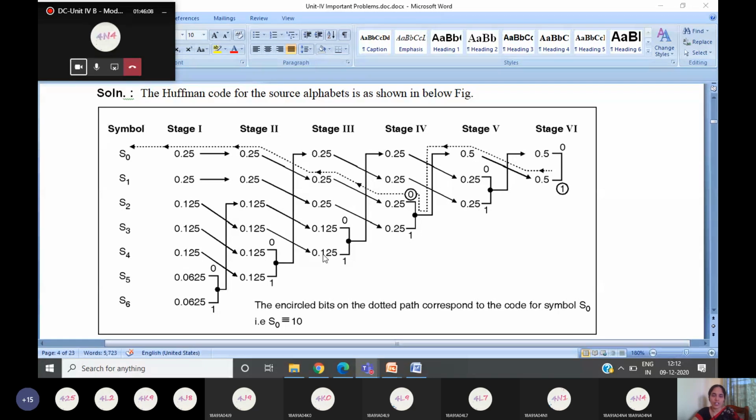Write down the corresponding values. Next, once again, the last two terms are added: 0.125 plus 0.125, and assign 0 to the last but one term and 1 to the last term.